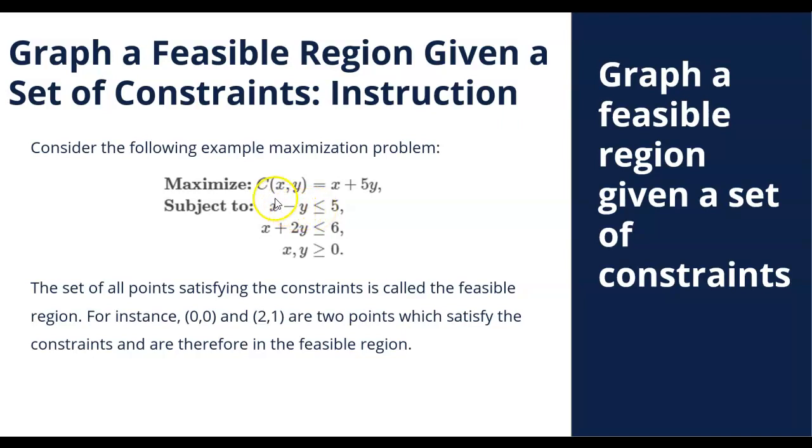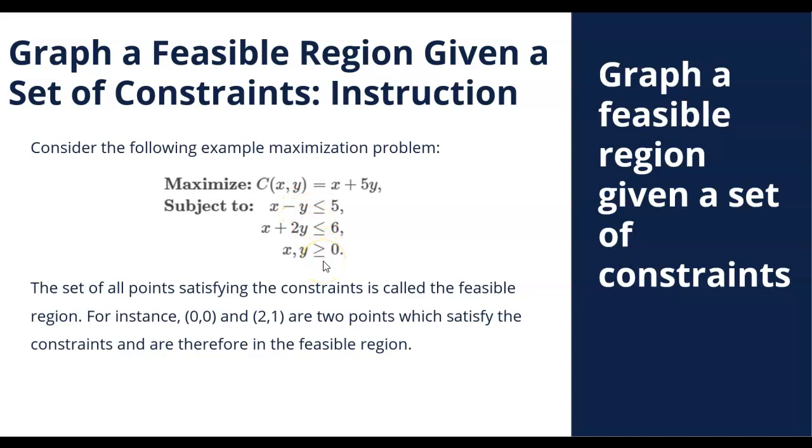Then you evaluate the second inequality at the point (0, 0). If x is 0 and y is 0, this side of the inequality is 0. So is 0 less than or equal to 6? Yes. So that means that (0, 0) is in the feasible region.